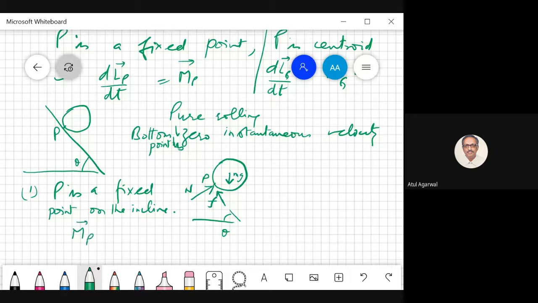Mp is equal to dLp by dt. What is the angular momentum of the cylinder with respect to point P? Now you see at point P you can take it as an axis of rotation. So it is an instantaneous axis of rotation.